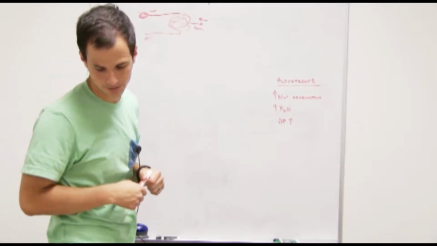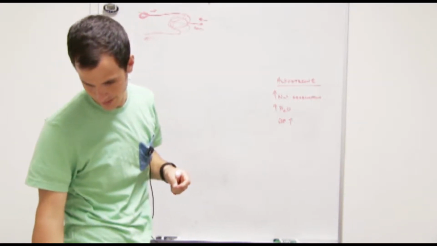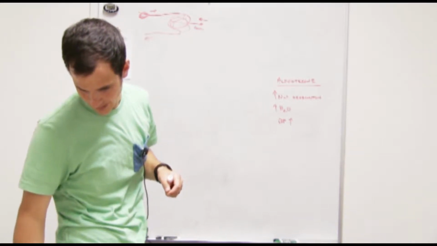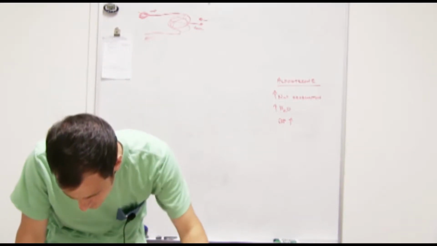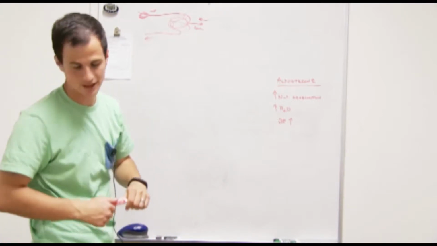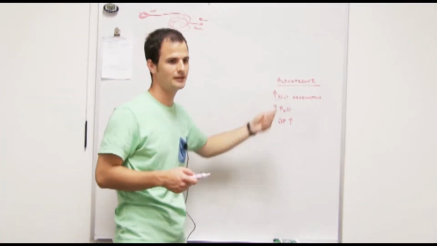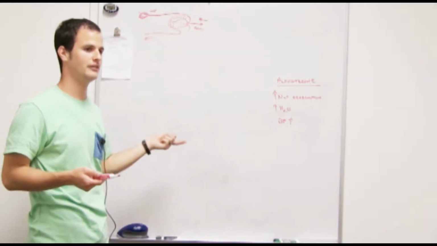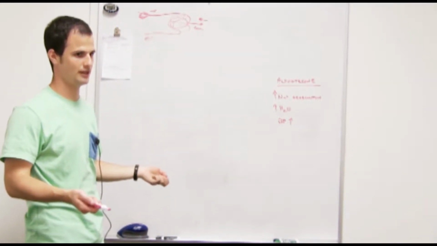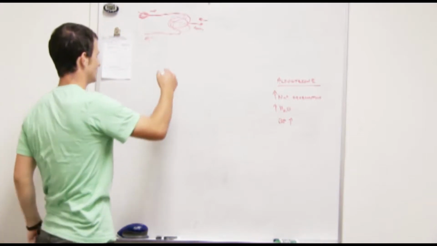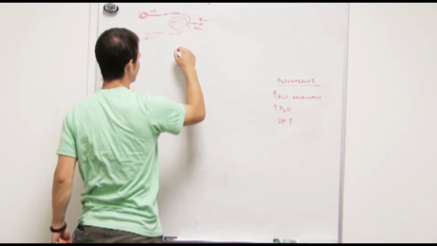The macula densa cells are measuring the amount of sodium, and same thing, if sodium level drops, then they secrete renin. So the first thing we have is renin.